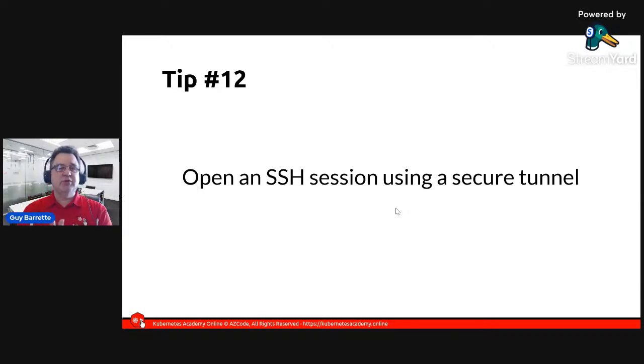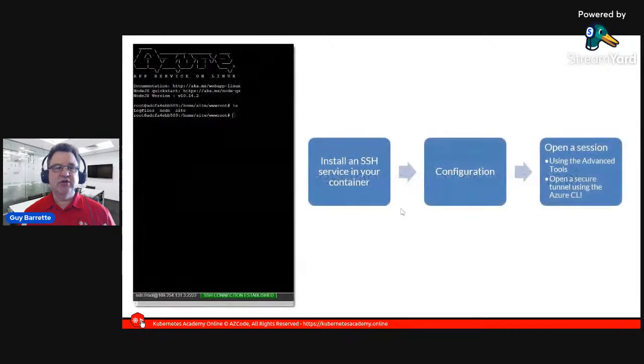So that's tip number 12, how to open an SSH session using a secure tunnel. Well, it's not magic. You first need to install an SSH service inside your container, because there's something that needs to listen for SSH connections.